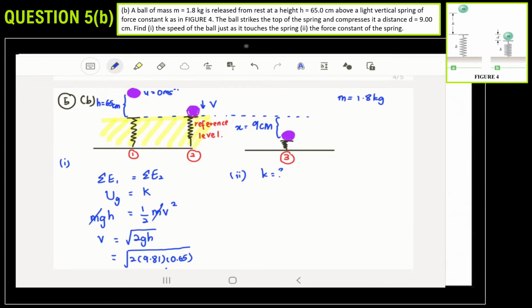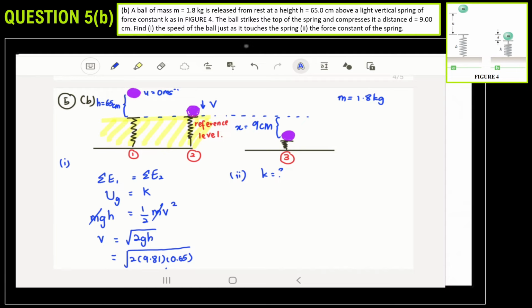You can choose diagram number 1 as your initial diagram or the second diagram as your initial diagram, and this would be your final condition. Mana-mana you pilih, tak ada masalah.